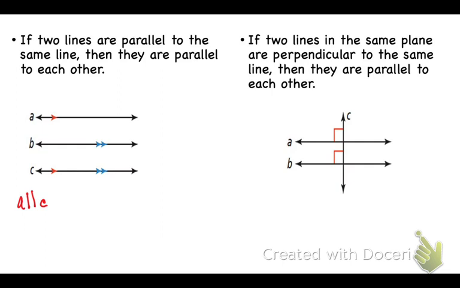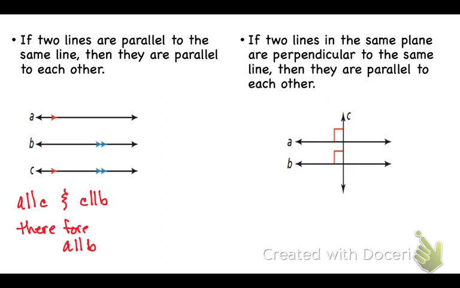And C is parallel to B. So therefore, A is parallel to B. Okay, so that's the transitive property, but with parallel lines.